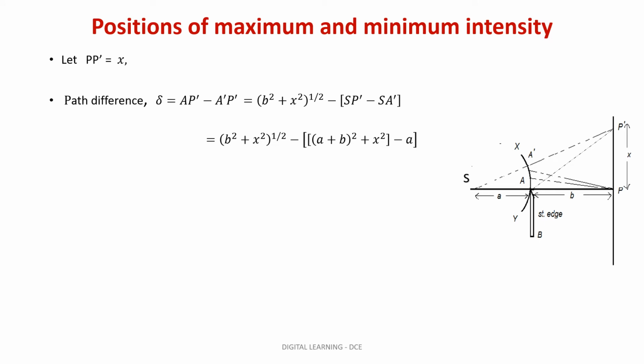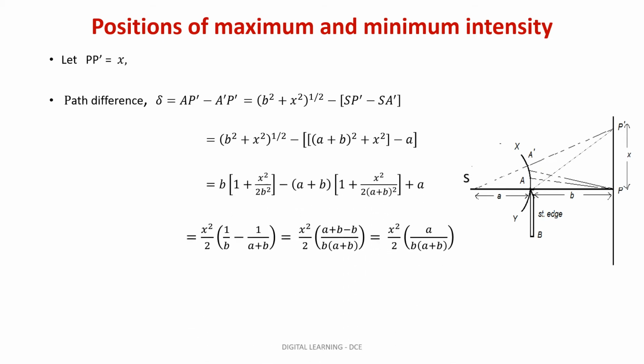Here, SP dash in the second term can be written as root of (A plus B) whole squared plus x squared from the triangle SPP dash, and SA dash is almost equal to A. On substitution, we are going to get these equations, and finally delta is equal to x squared by 2 into (A plus B) divided by AB.